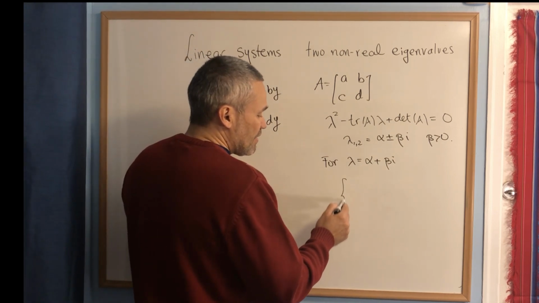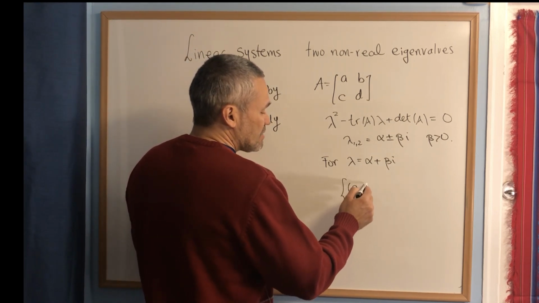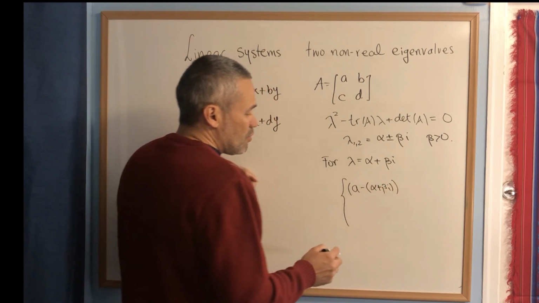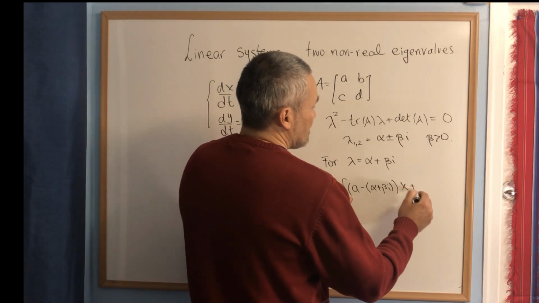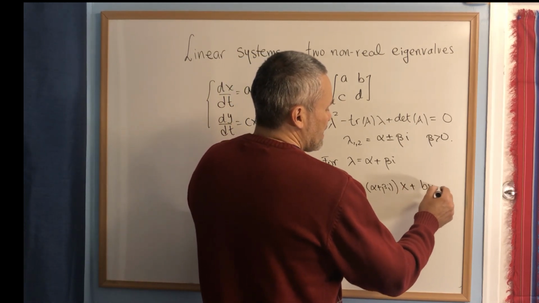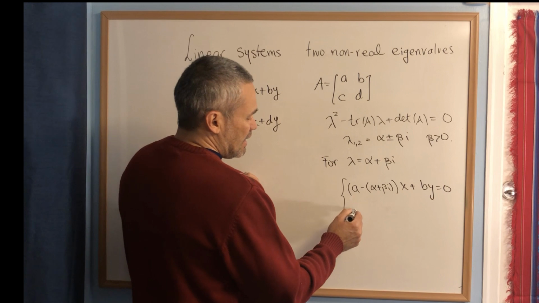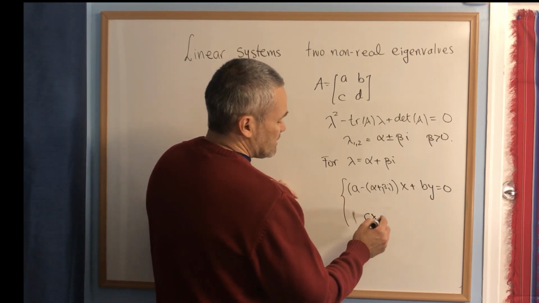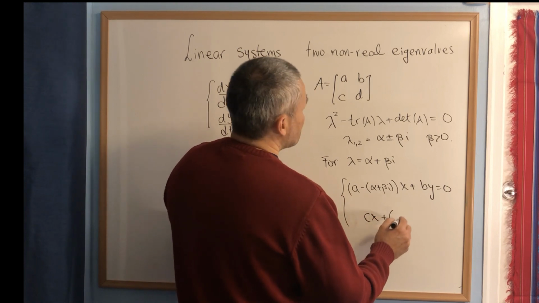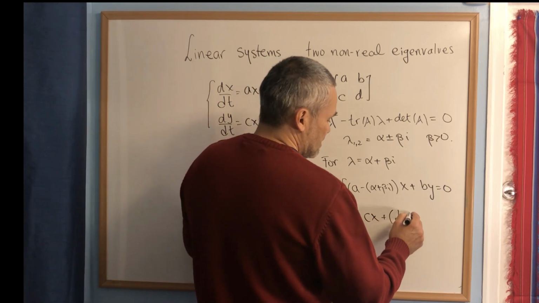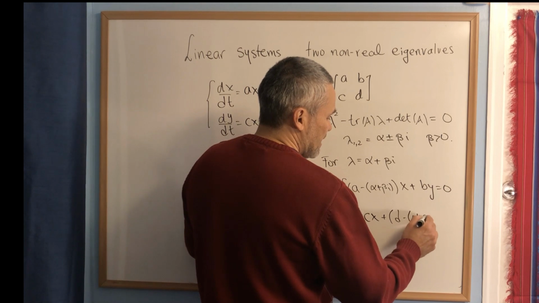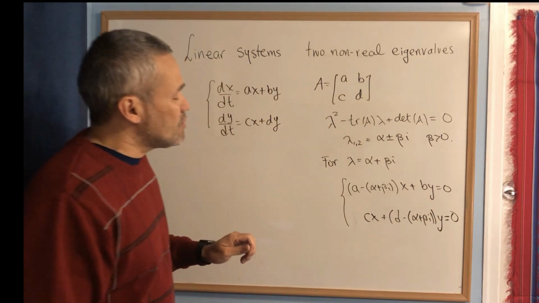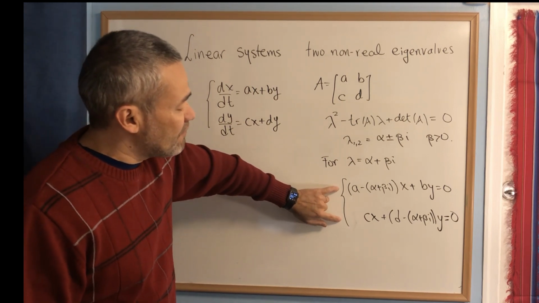In order to compute the eigenvector, we solve the system A minus (alpha plus beta i) times x plus by equals 0, and here you have cx plus (d minus (alpha plus beta i)) times y equals 0. And then you need to pick an eigenvector for this.